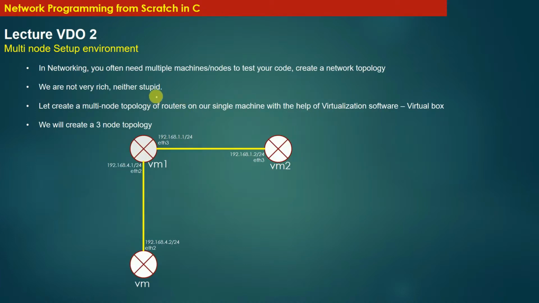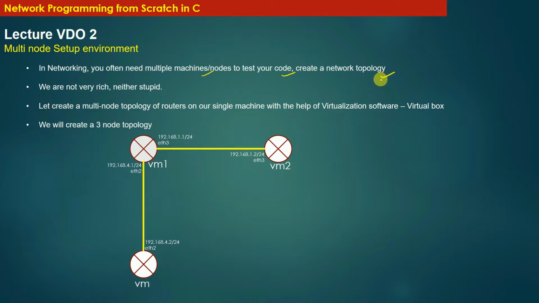So going forward, in networking we often need to use multiple machines or nodes in order to test our code, because whatever networking code we are going to write will have the functionality to send and receive packets between machines. Therefore, there is a need to create a network topology.